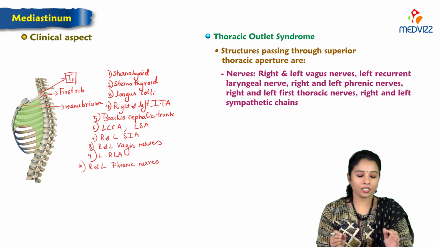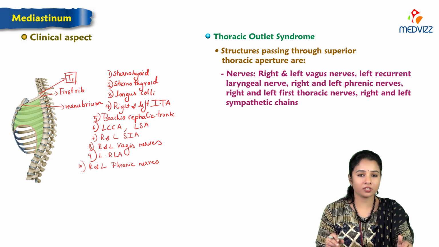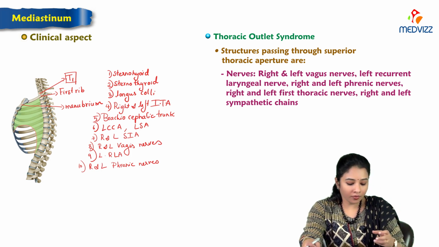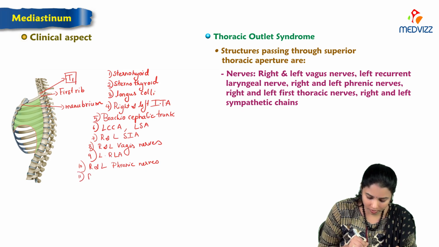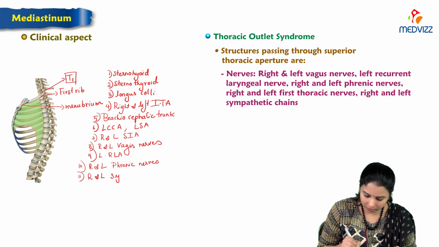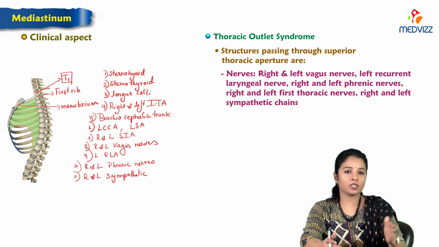So these are the contents passing near the superior thoracic aperture. And along with these nerves, we also have sympathetic chains, right and left. This list forms the contents.